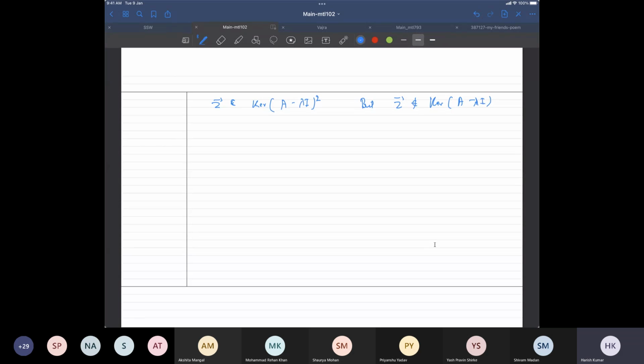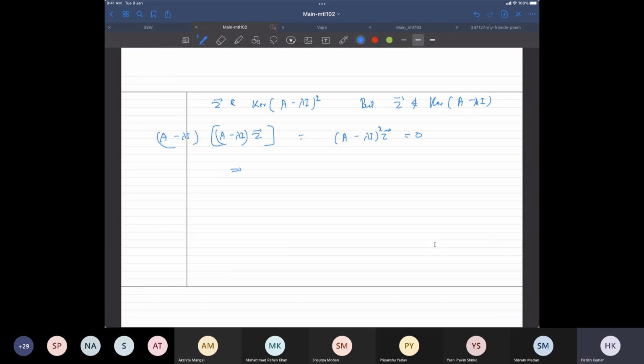Okay, so now because Z is a generalized eigenvector, let us look at A minus lambda I Z. If you multiply this with A minus lambda I, it will be equal to A minus lambda I square Z, which is equal to 0.